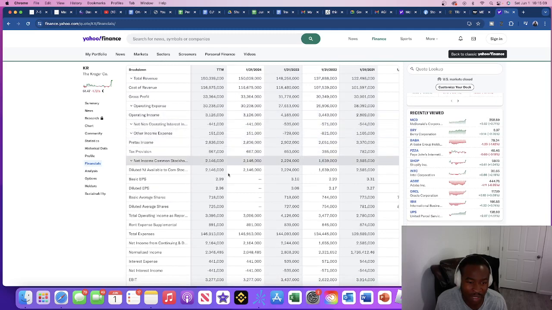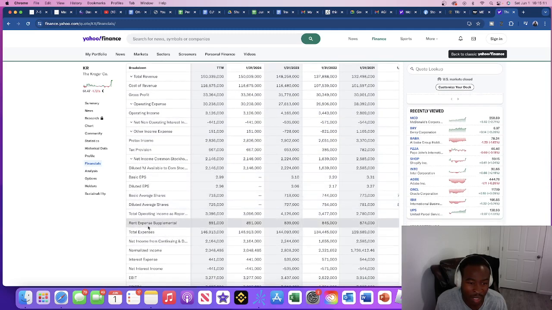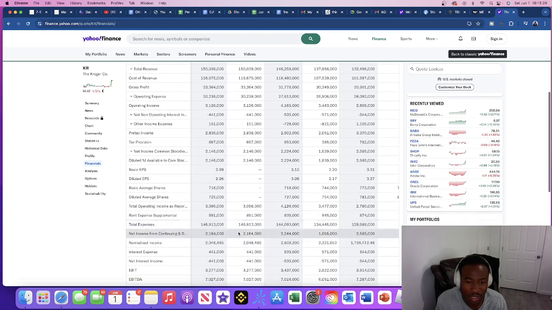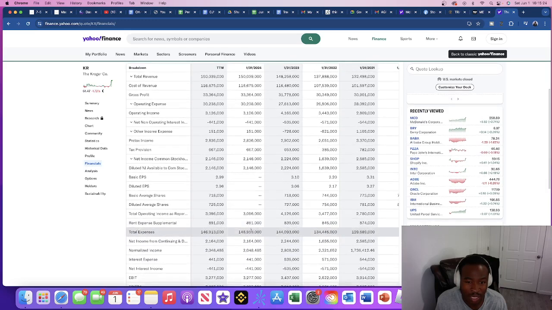They also have other expenses down here, interest expense, and this is their total expenses. So this is their total expense, and this is their operating expense for that timeline.